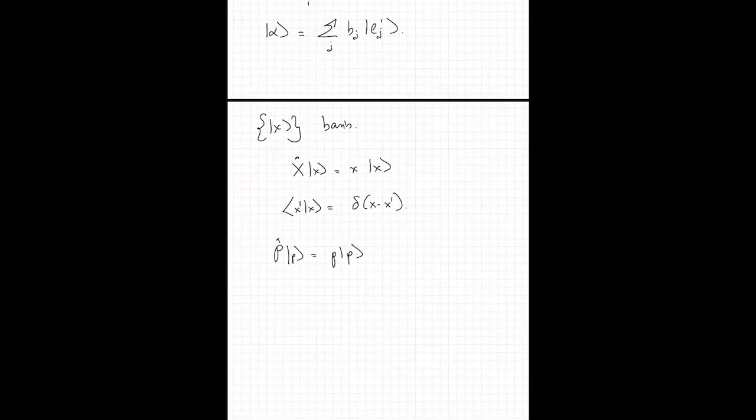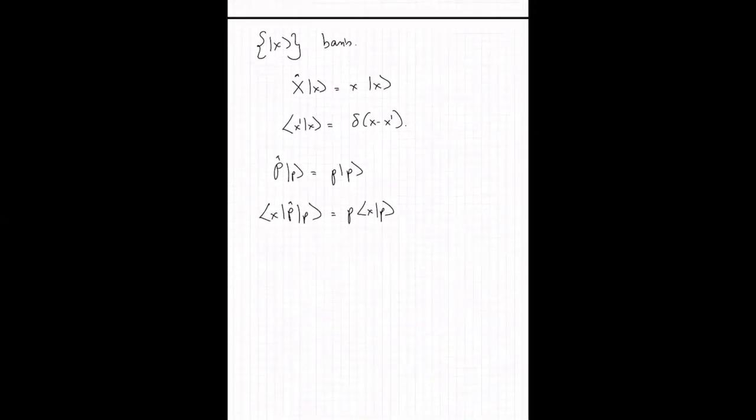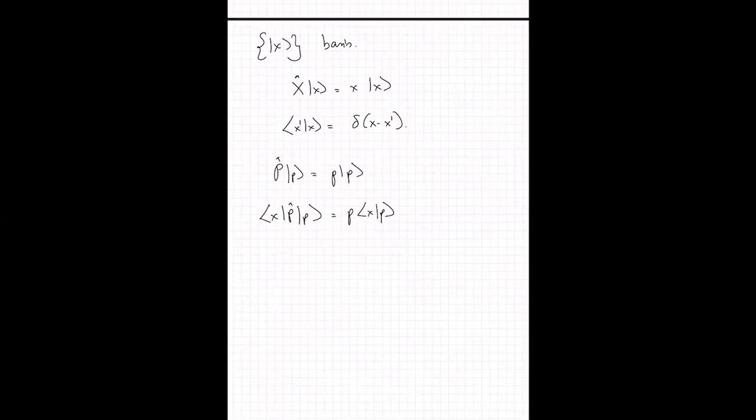Now, if I take the inner product of both sides of this equation with <x|, we already discussed that the representation of P in the X basis is basically minus i h bar d/dx, right? So if you plug that in, you'd actually get minus i h bar d/dx of <x|p> equals p <x|p>, right?